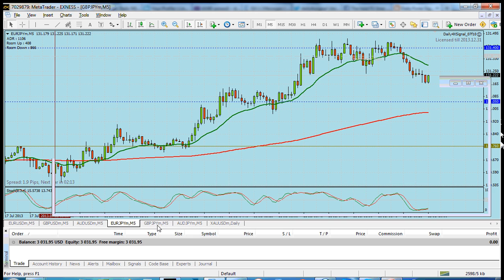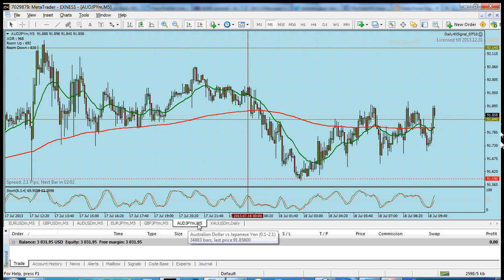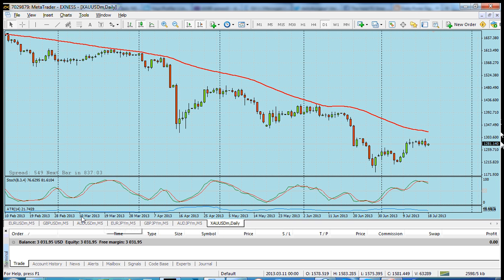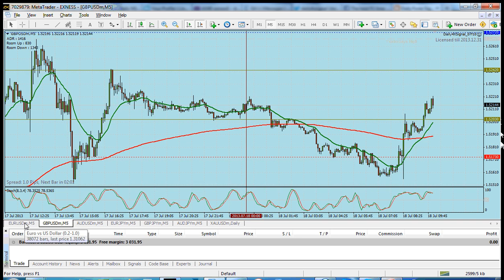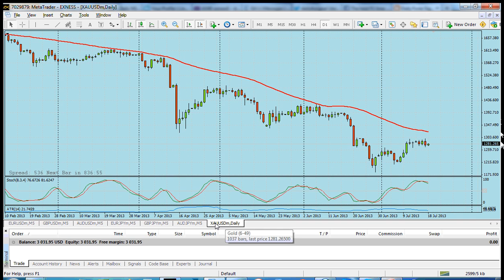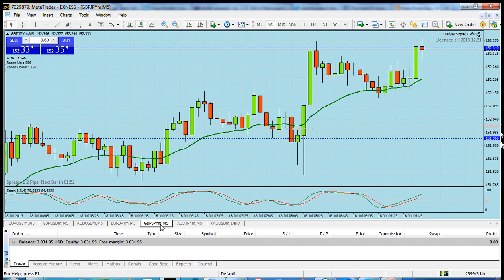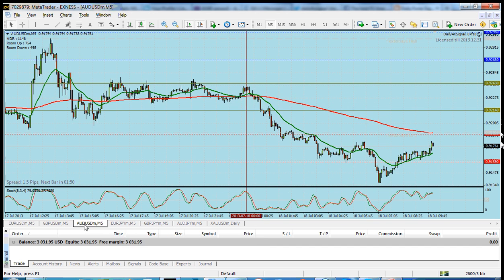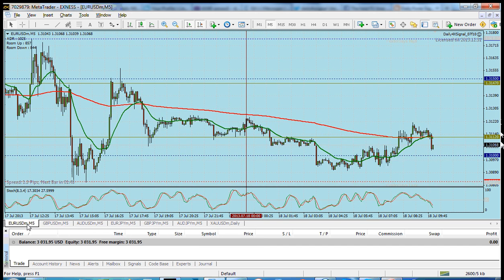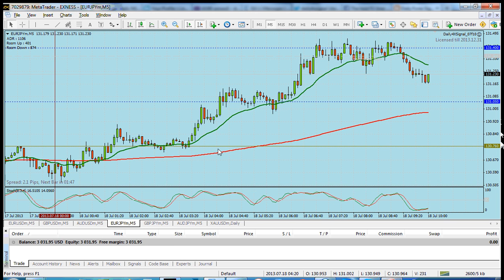So I can go to any pair that's got the lines, not the gold actually, gold doesn't have it, but these are the 6 pairs that I give signals for every day, so you can see the lines on there. So what the EA does is it automatically goes to the blog, gets all the signals, comes back and draws it automatically on the charts along with indicators and other information, as you can see over here.